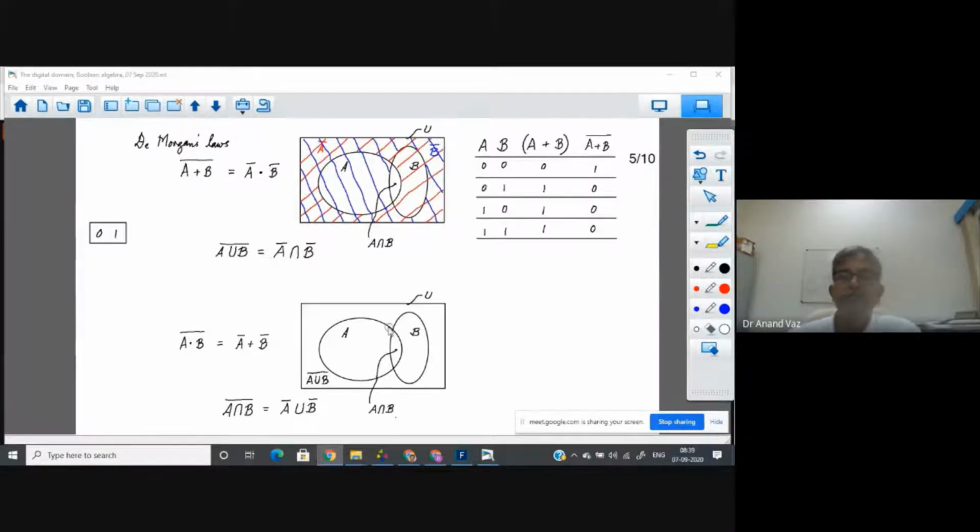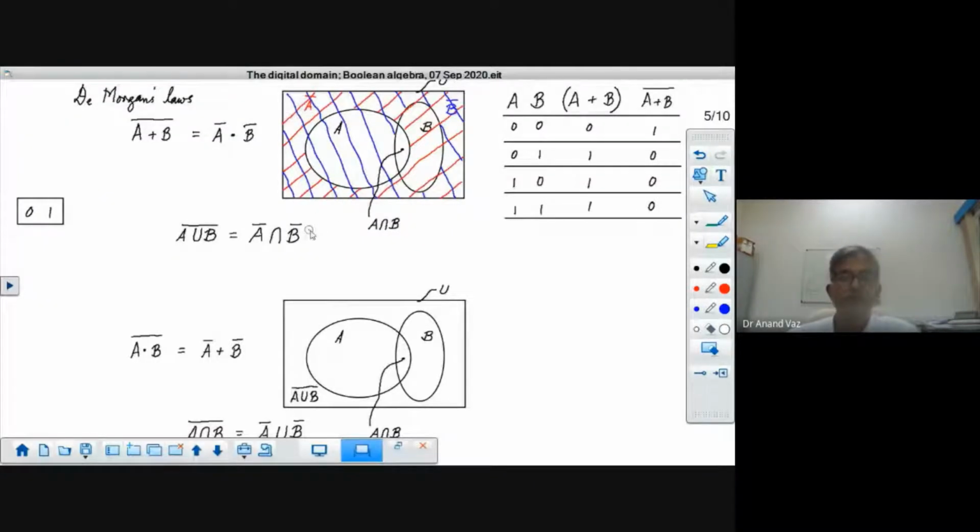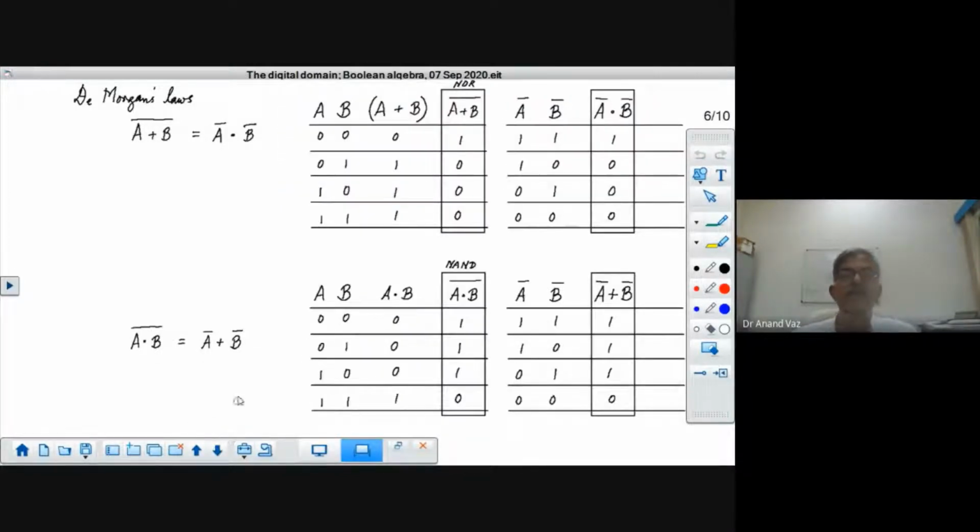Now, let us come to the next slide, where we are just using the sheer force of the truth table to verify whether the left hand side is the same as the right hand side.